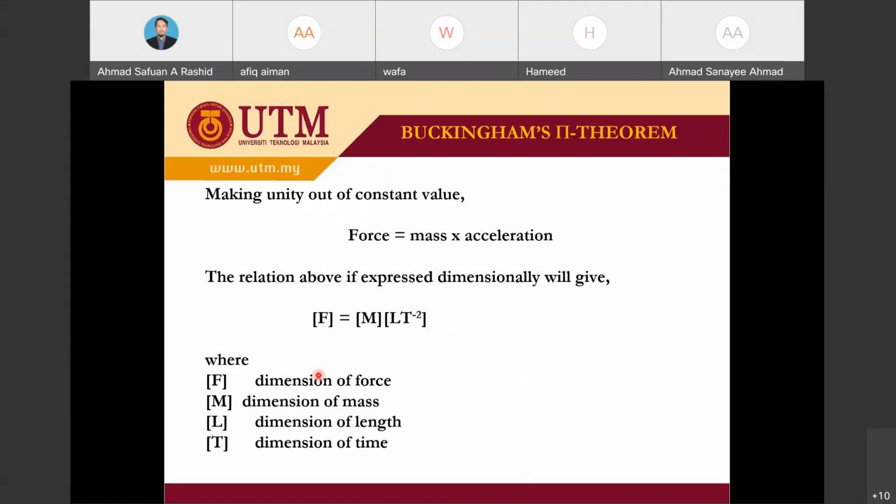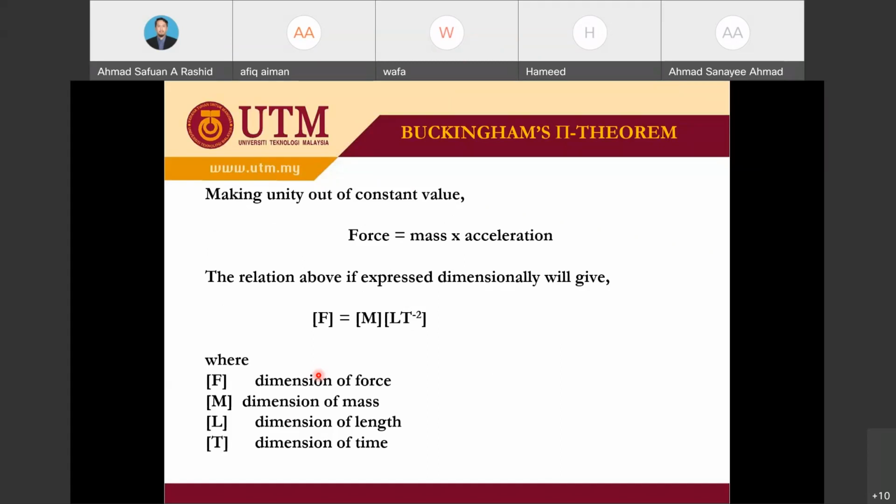So making unity out of the constant value, F is the F itself, mass is the mass, and then we have acceleration there. For the acceleration, it is meter per second squared, because that is L.